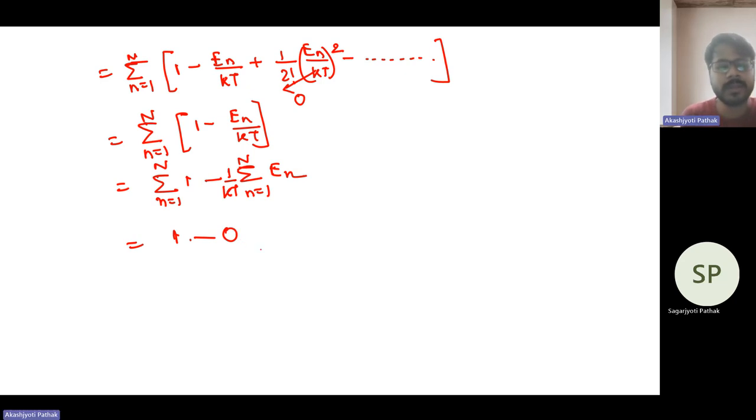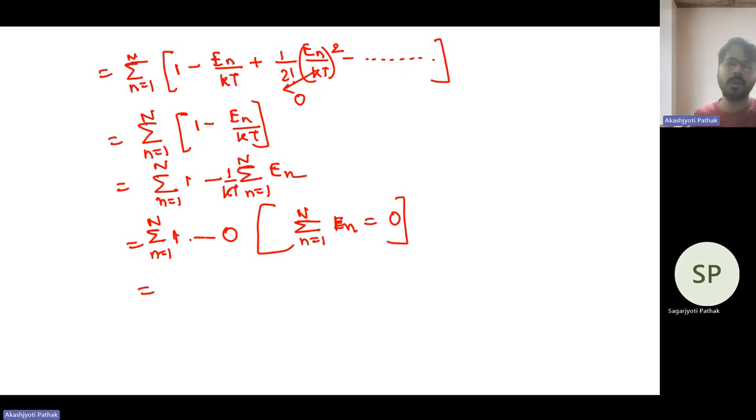So what you are left with is this. For the Zeeman interaction, this summation over n from 1 to capital N, the number of states, of En becomes 0.